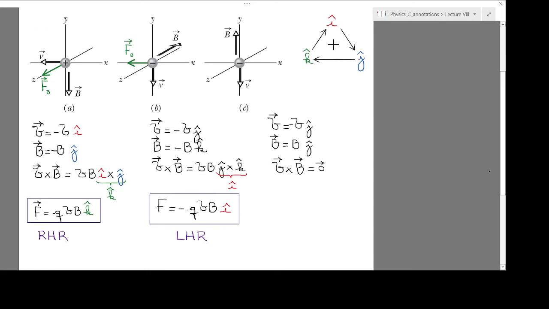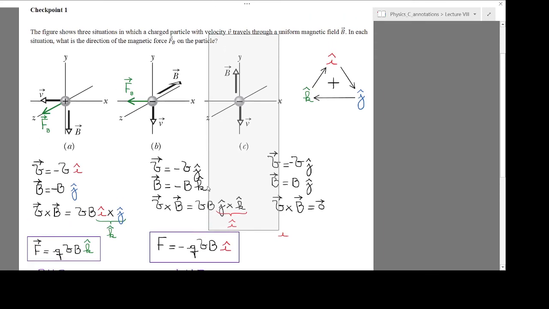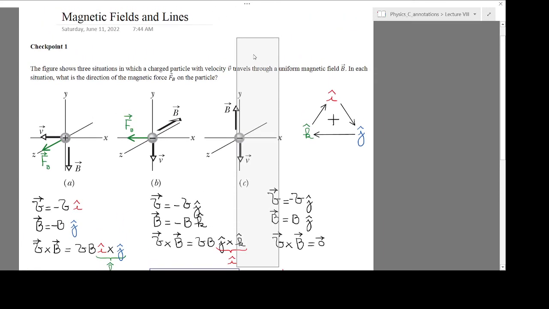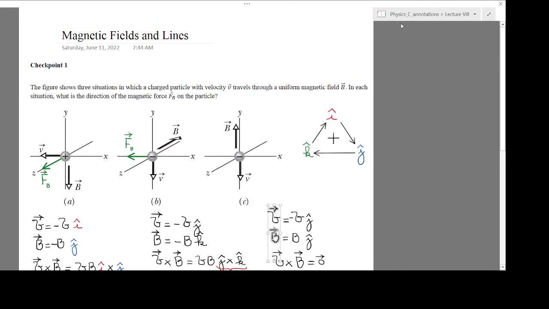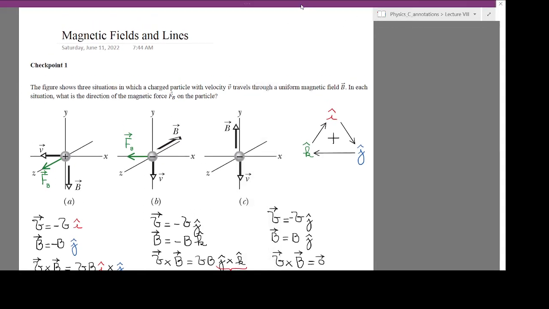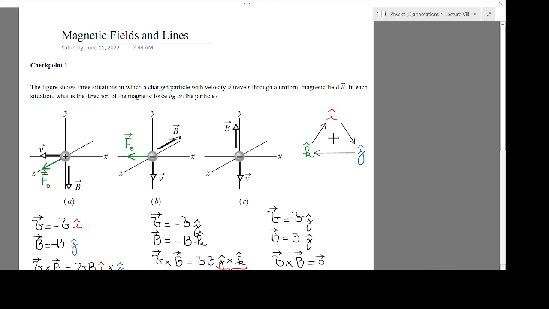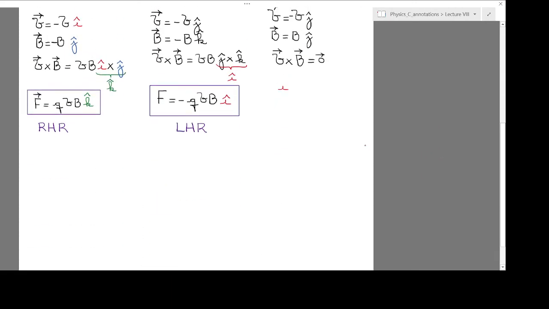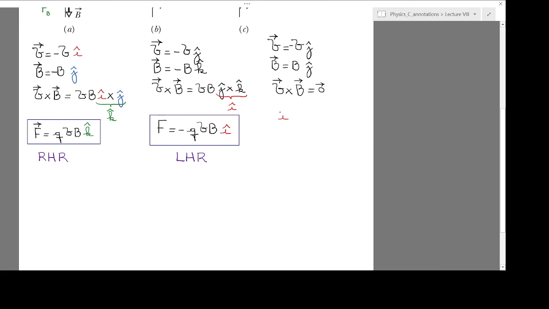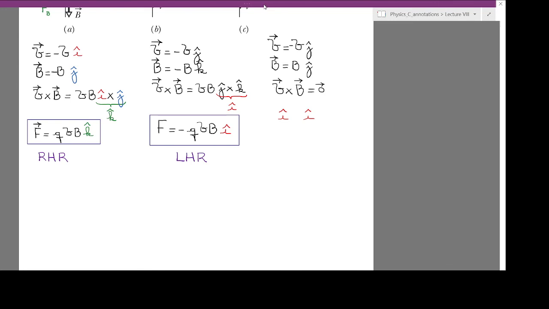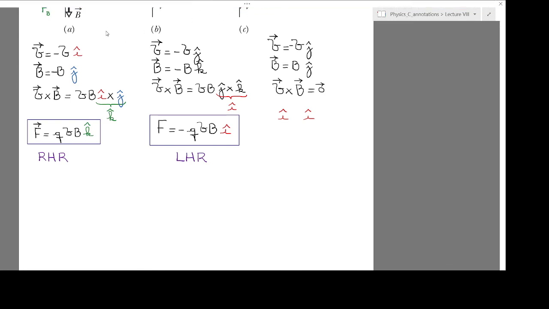Just remember that if you have a vector product between vectors that are parallel, this is going to be 0 always.